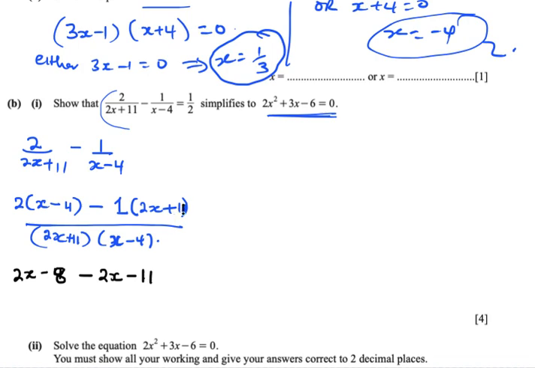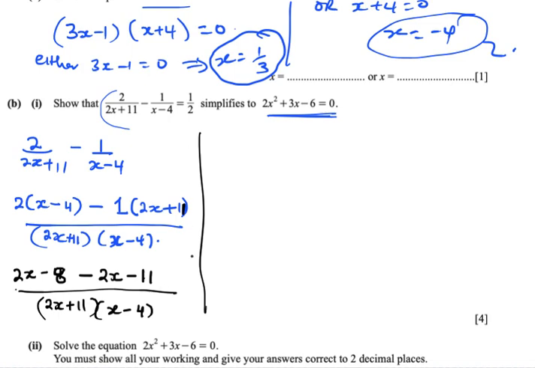All over 2x plus 11, and then this is x minus 4. Alright, remember there is a half which we shall write. So let's simplify the top further. You realize that this is 2x and this is negative 2x, so these two come out.